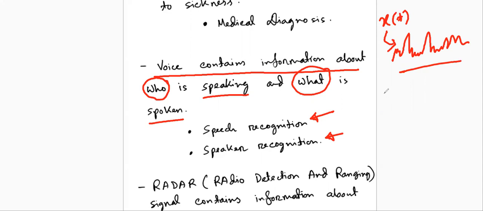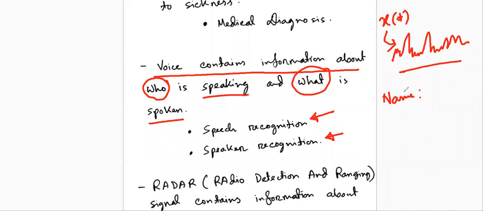So you need to find the name, and after finding the name, you also need to find what the content was. That means the content of the signal, whether it is spoken in Bengali, and if it is in Bengali, what the content is, like whether it is a lecture or a song or whatever. You need to find the content. Definitely for that you need some reference signals.